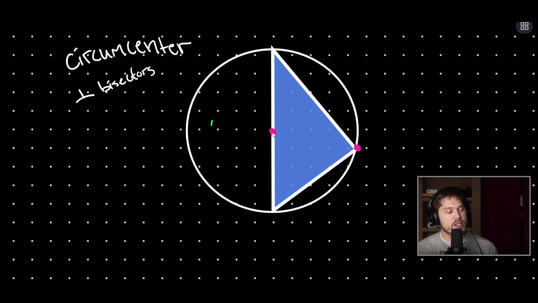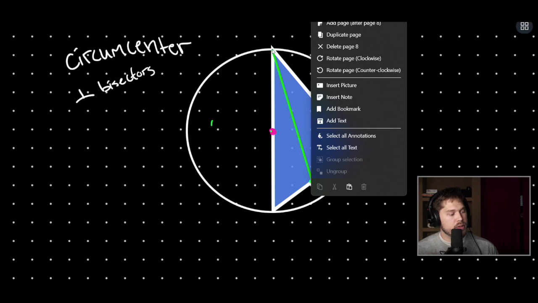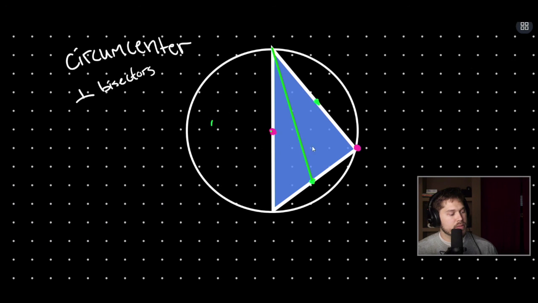It's also going to be the center of our circle. So we only really need to find the centroid. Recall that the centroid is the intersection of our medians. So let's cut these sides in half: about here, about here, about here. Seems to be about right. And let's draw our lines to the opposing angles.